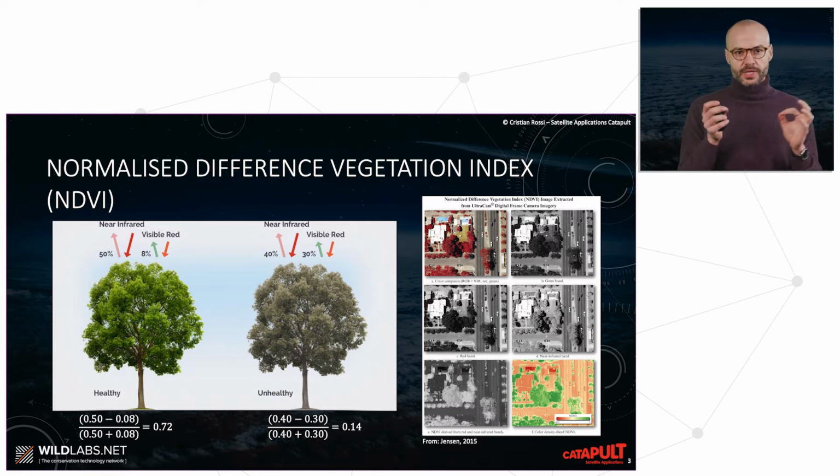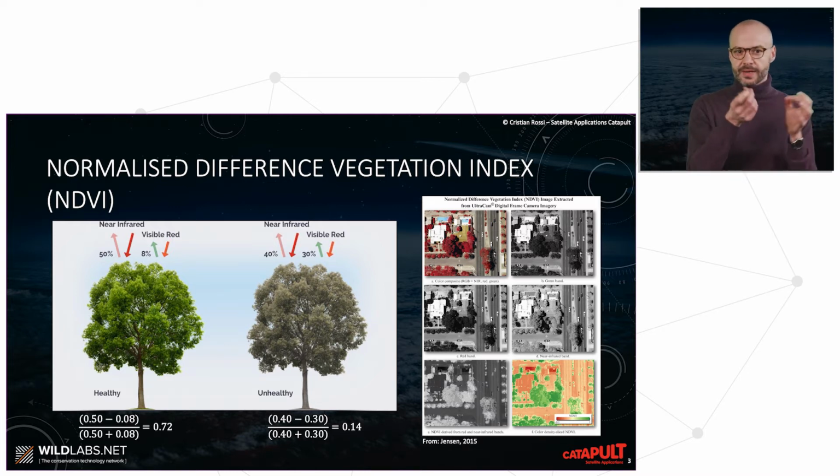This absorption and reflection is linked to some physical phenomena and specific aspects of the interaction of leaves and general vegetation with light, and specifically to the quantity of chlorophyll that we have in plants.